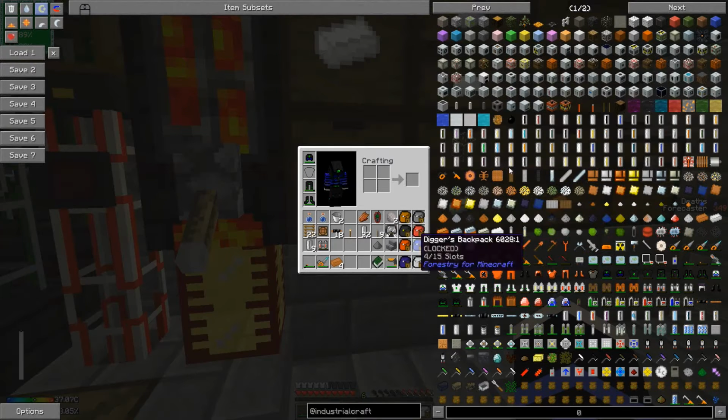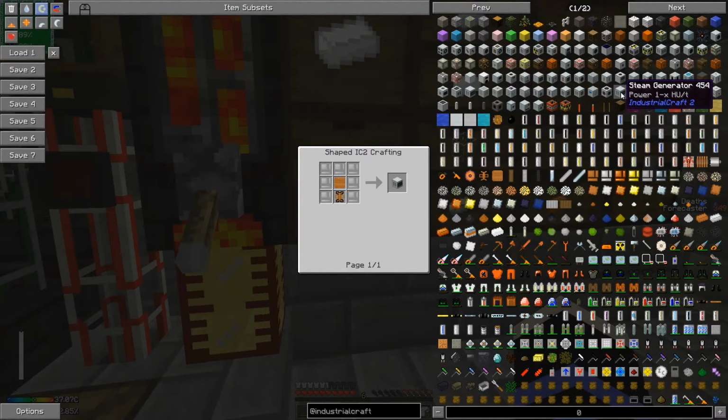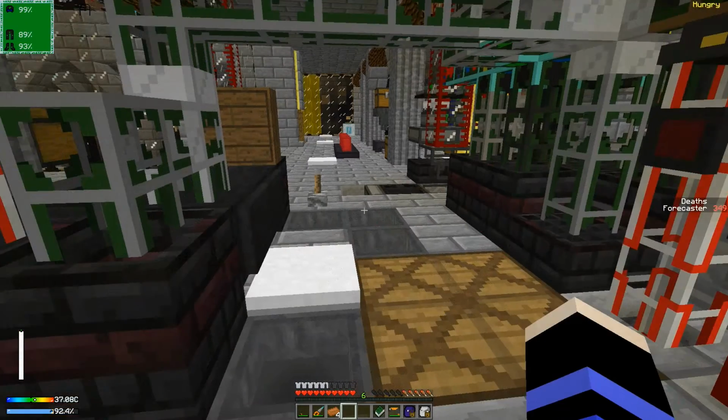This will get us 4 plates, which will get us 4 casings, or 8 casings. Then we need 7 casings, which means that we need at least 4 iron ingots.